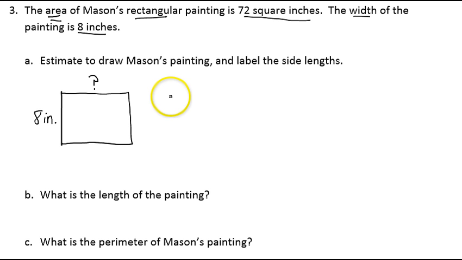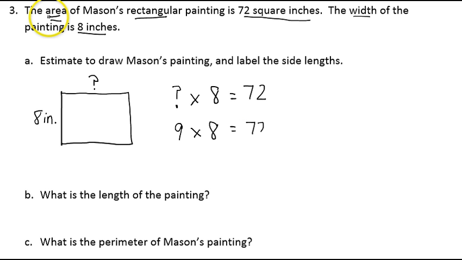To find area, we would take our length, which we don't know, times our width, and that would give us a total of 72. So some number times 8 equals 72. Using my basic facts, I know that 9 times 8 is 72. That means the length is 9 inches. So I'll write that down here.